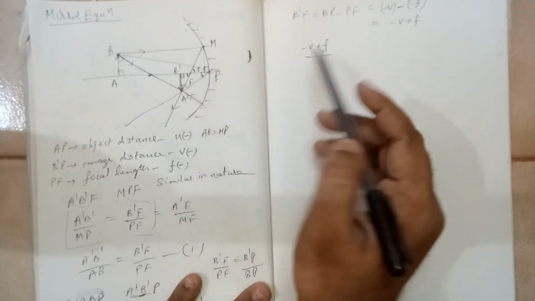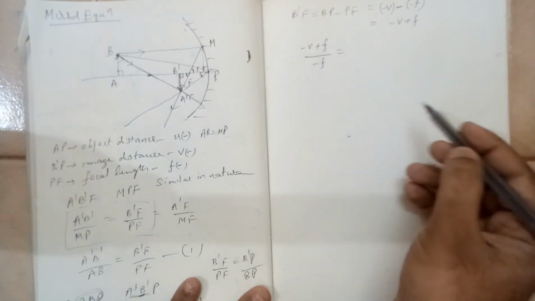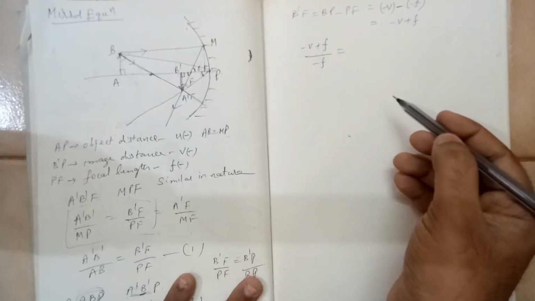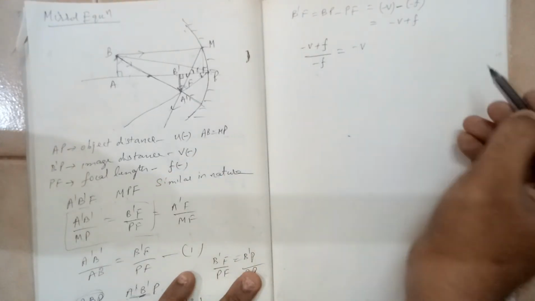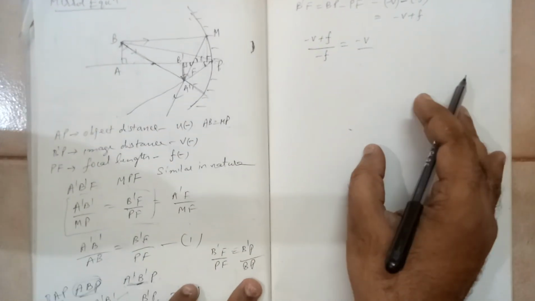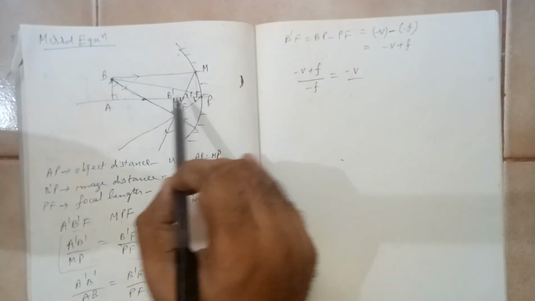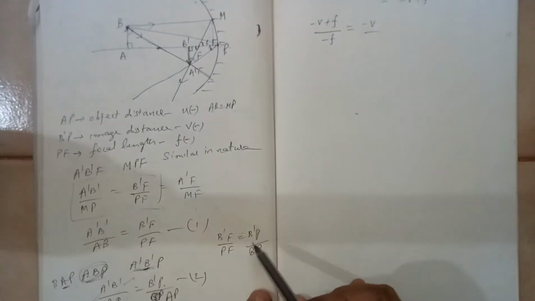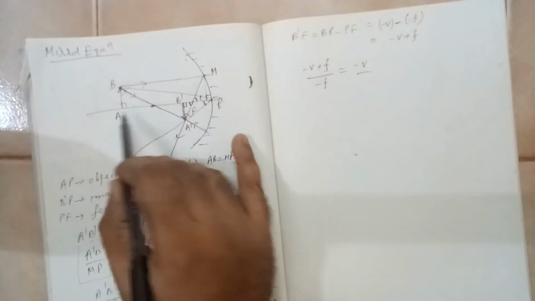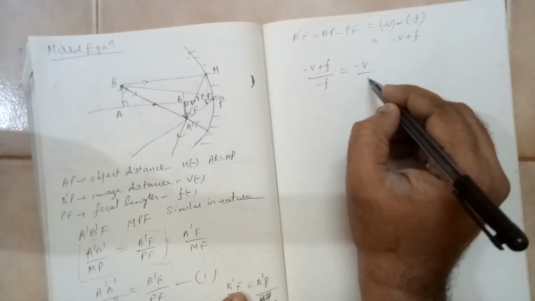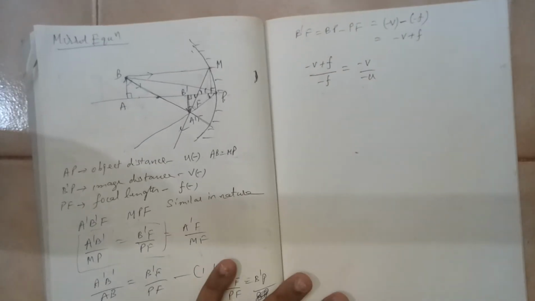PF is our focal length with a minus sign. Now we want B dash P. B dash P is minus V, divided by AP. AP is U with a minus sign. So this is what we have finally got.